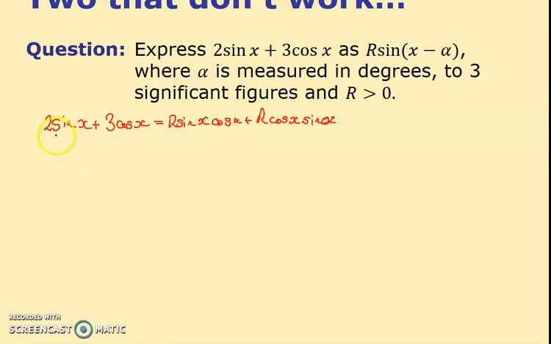You've got to be careful because it says 2 sine x, and well, 2 is therefore equal to r cos alpha. So that's actually all right, isn't it? We've got 2, and we've got here. Now that's my problem here. It says minus. If it's a minus, it's a minus.